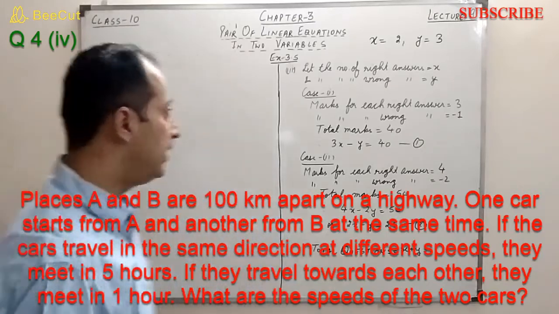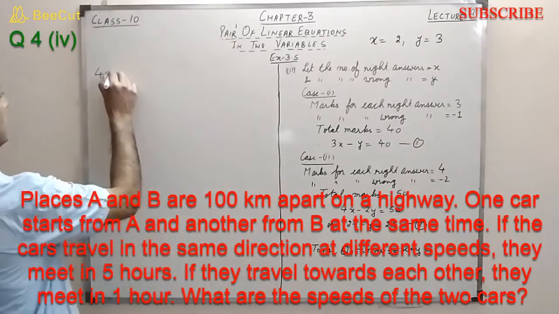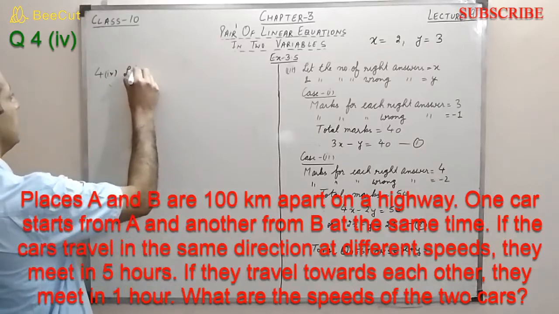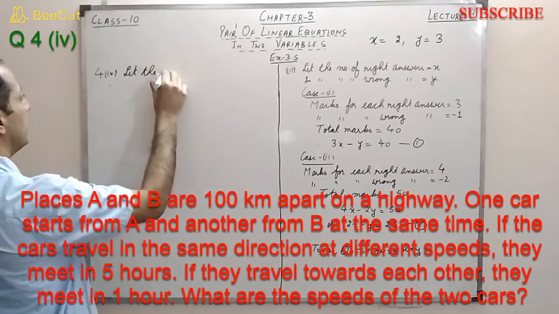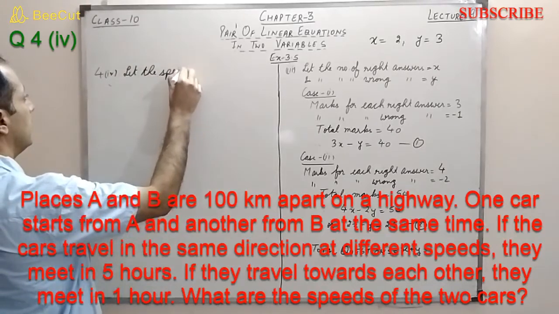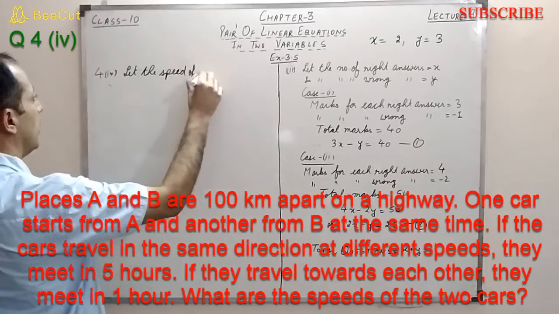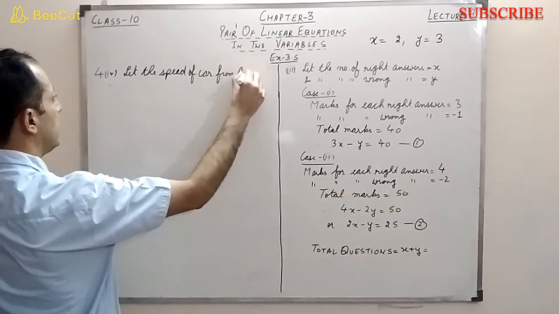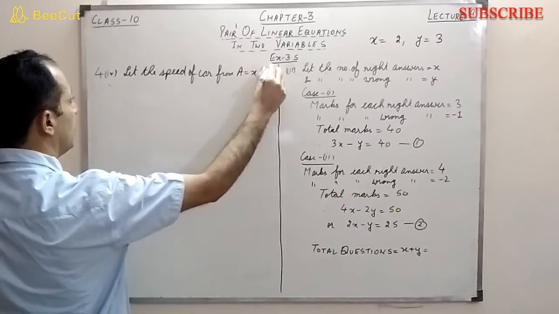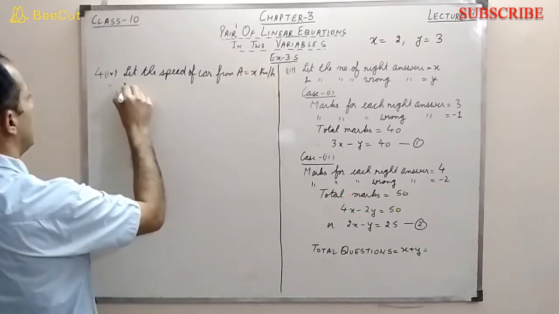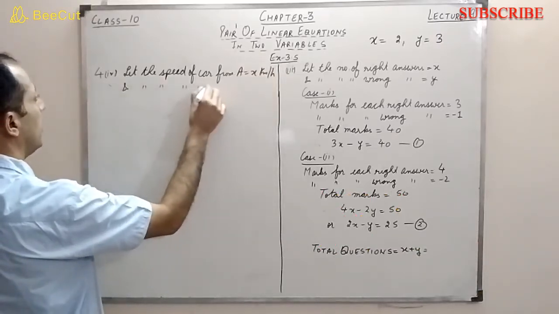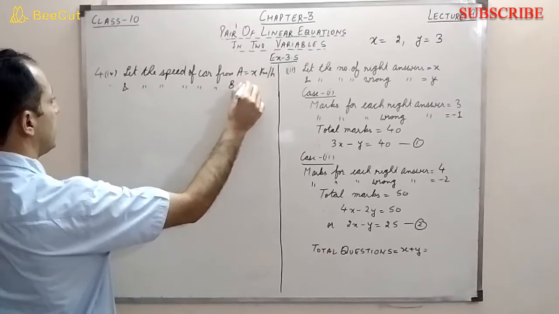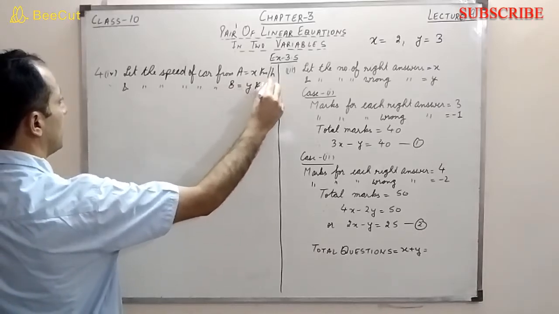So let the speed of the car from A be equal to x km per hour and the speed of the car from B be equal to y km per hour.